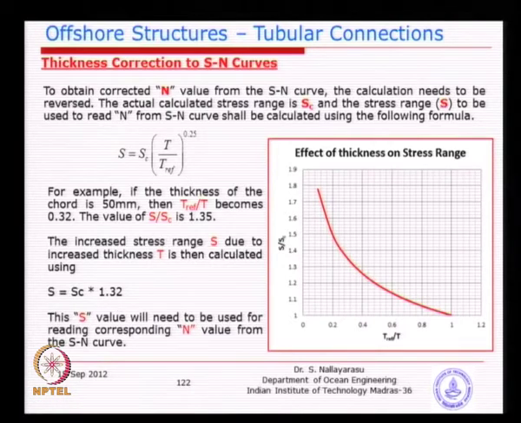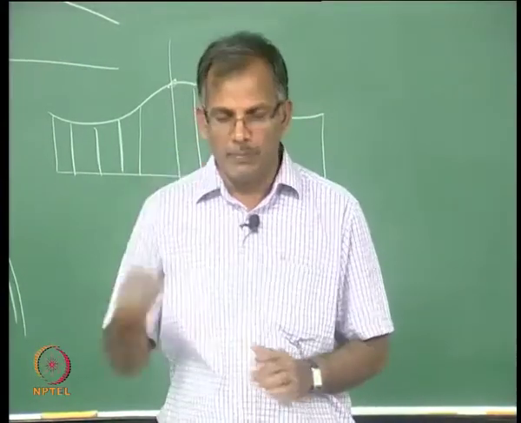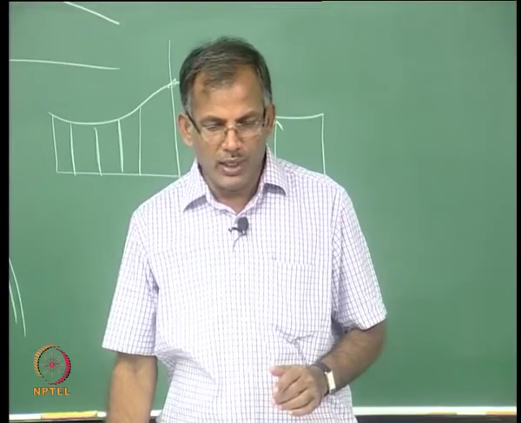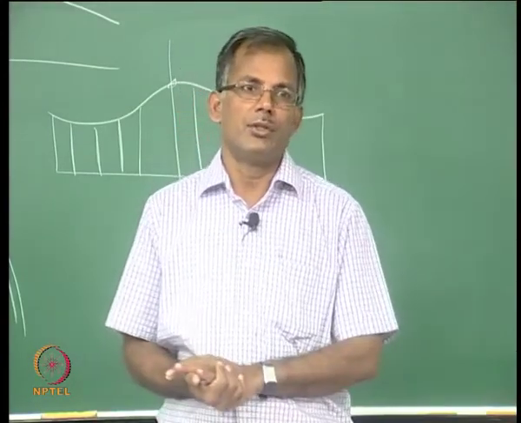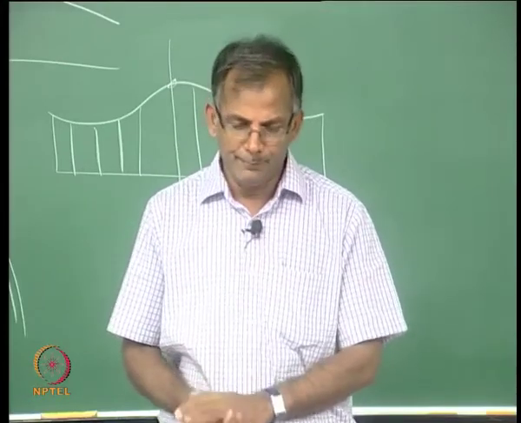This correction can increase the stress, basically that is not included in the stress concentration factor. So, it is included in the SN curve. Whenever you are reading the SN curve, before you apply your S value, you correct the S value by using this, which will always be greater than 1 if your thickness is higher.